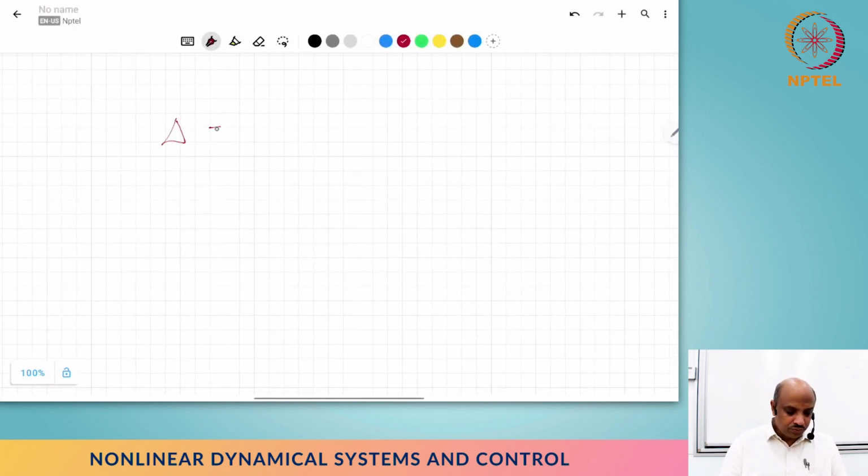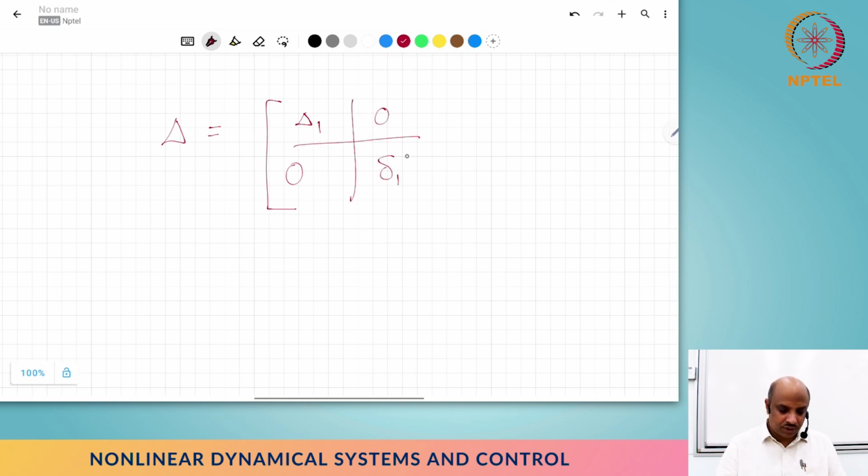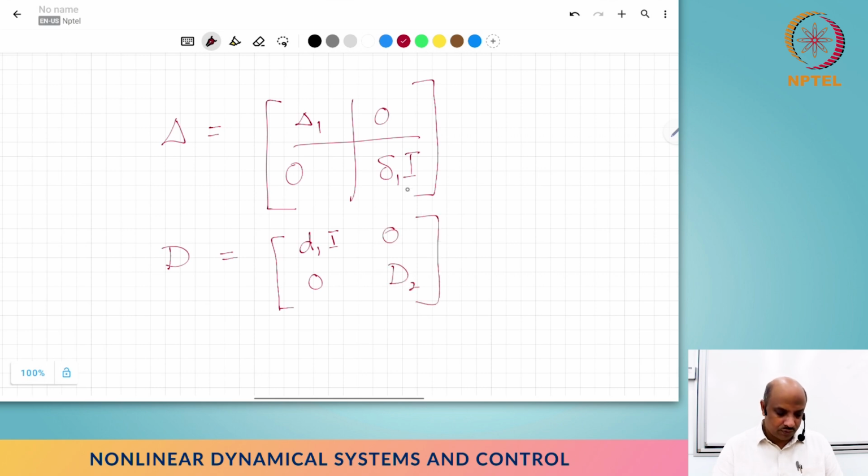Suppose the delta matrix has some delta 1. The first one is a full matrix, and let's say something like this, right? Here there is no additional structure and things like that. So then the scaling matrix could be chosen as something like D1 times I, 0, 0 and some D2, okay?